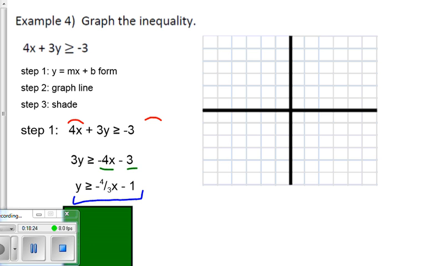Now that we have our y equals mx plus b form, we can say our y-intercept is at negative 1, so we start right here. Our slope is negative, so we're going down. Reading from left to right, we need to go down 4 and then over 3. So we'd go right here.